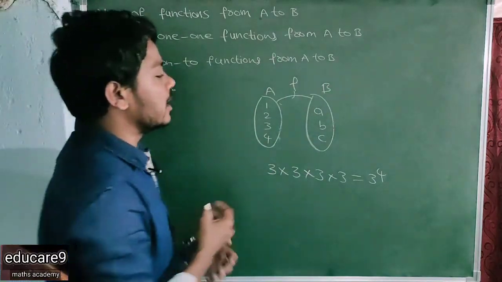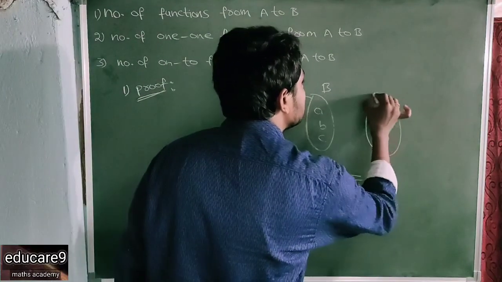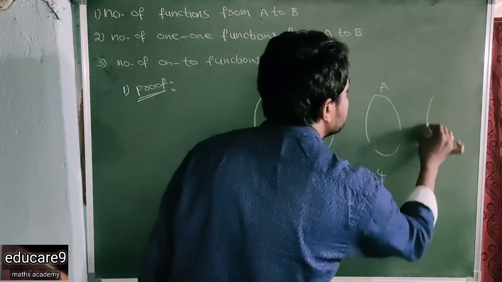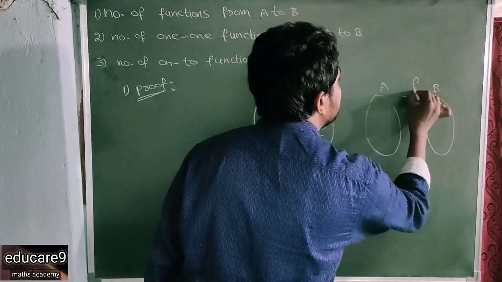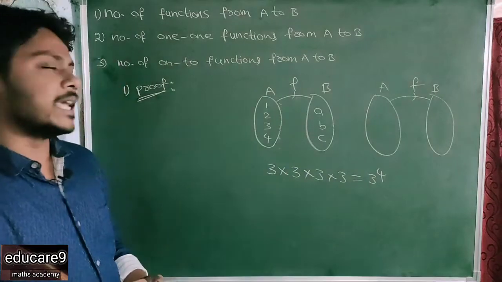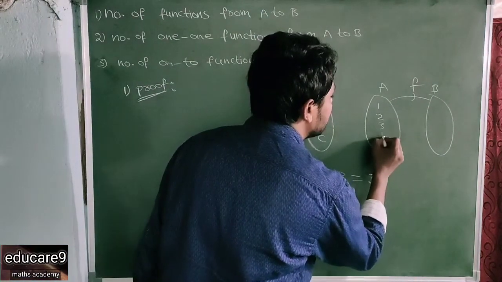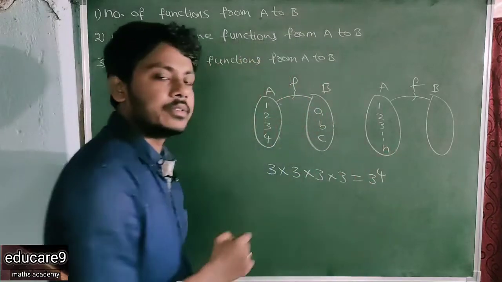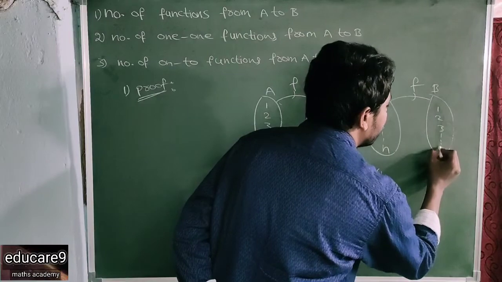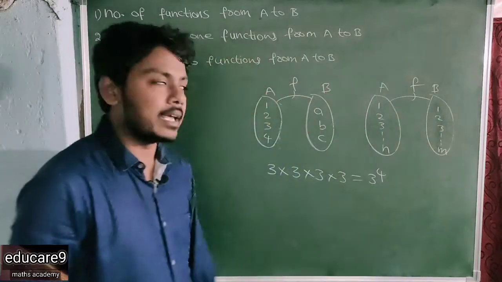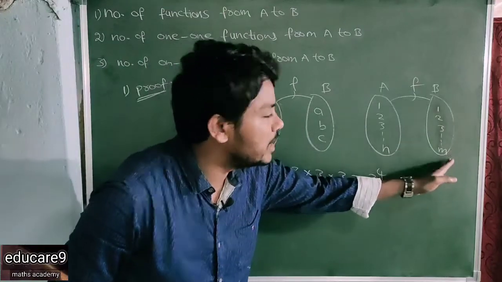See here, for example, this is set A and this is set B. So there exists a relation F. Suppose A has the elements 1, 2, 3 and so on, n elements. B has 1, 2, 3 and so on, m elements. Number of elements in A is n and number of elements in B is m.